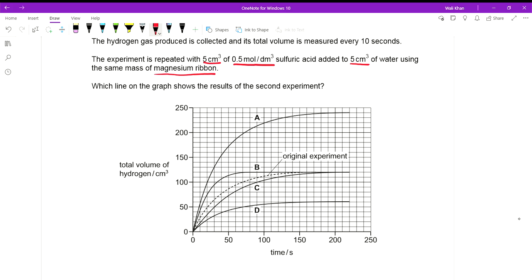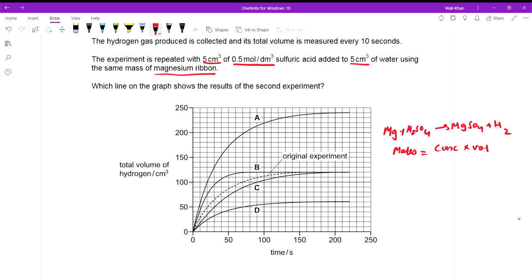So if you write down the equation for the reaction, magnesium plus H2SO4 gives MgSO4 plus H2. Okay. So number of moles is equal to concentration multiplied by volume.